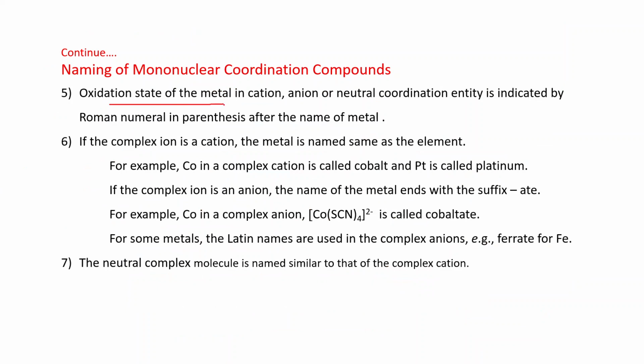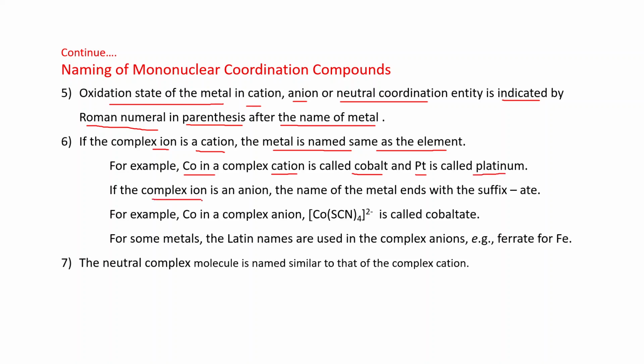The oxidation state of the metal in a cation, anion, or neutral coordination entity is indicated by a Roman numeral in parenthesis after the name of the metal. If the complex ion is a cation, the metal is named the same as the element. For example, Co in a complex cation is called cobalt and platinum is called platinum.